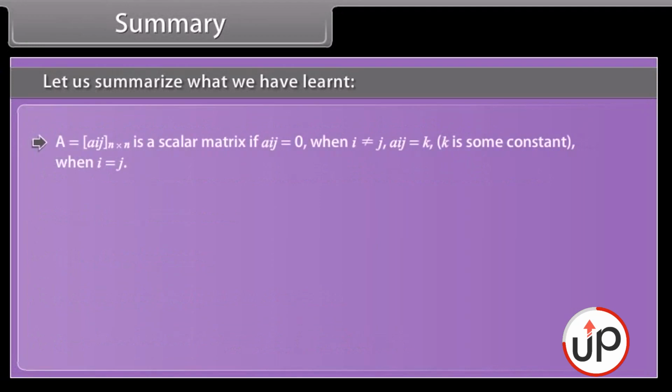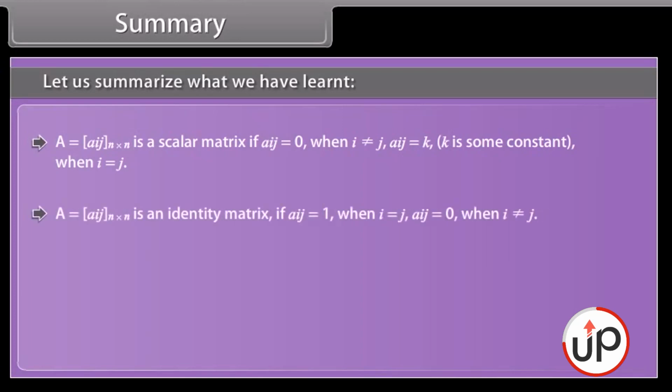A is equal to A_ij of order n by n is a scalar matrix if A_ij is equal to 0 when i is not equal to j, and A_ij is equal to k, where k is some constant, when i is equal to j. A is equal to A_ij of order n by n is an identity matrix if A_ij is equal to 1 when i is equal to j, and A_ij is equal to 0 when i is not equal to j.